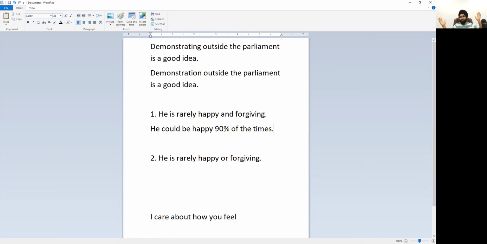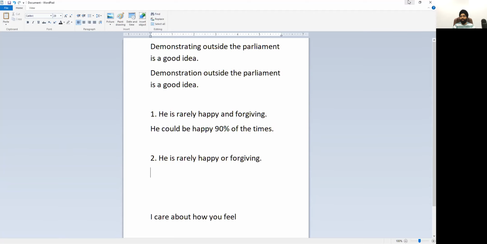But he could be one of these things most of the time. Now, if you say he is rarely happy or forgiving, in this case he can't be happy 90% of the time because you're saying either of these cases is rare. Does it make sense?